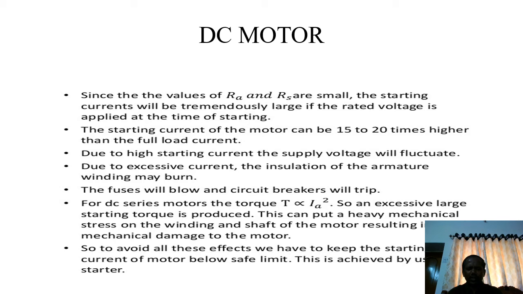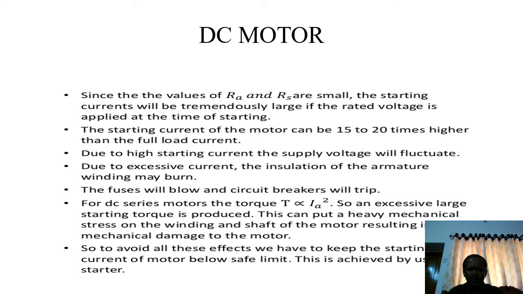Due to high starting current, the supply voltage will fluctuate. Due to excessive current, the insulation of the armature winding may burn. The fuses will blow and circuit breakers will trip.